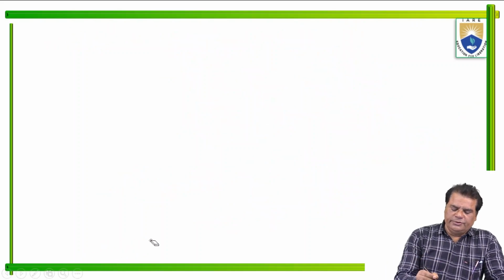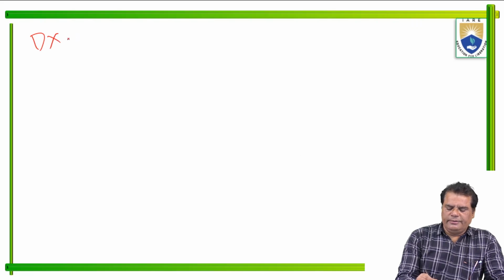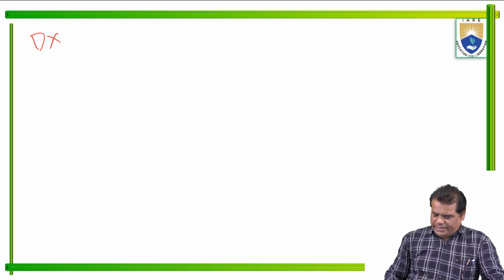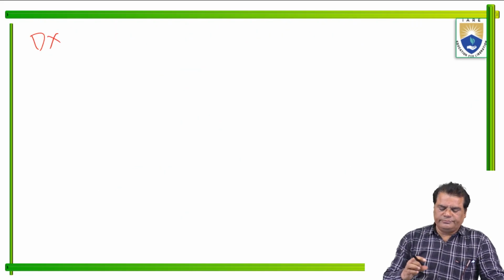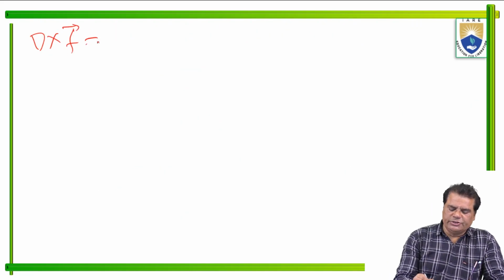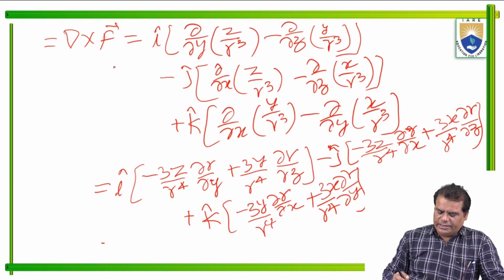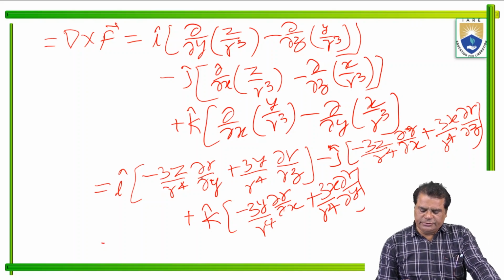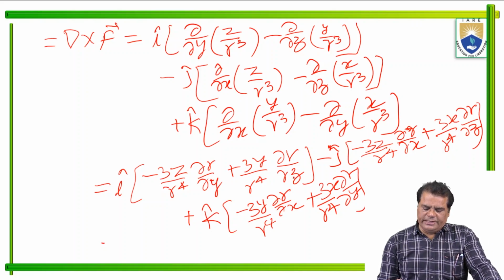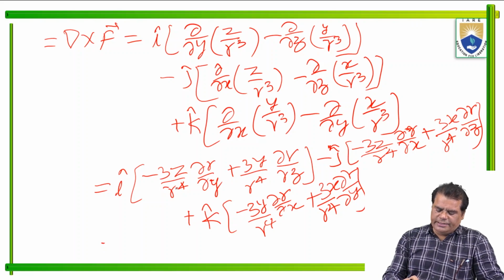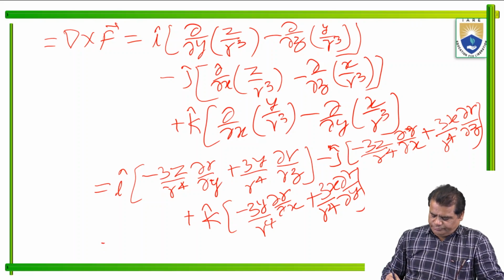Next result, this is irrotational. Vector r, del cross vector, what is it? Del cross F vector, this equals, so here i cap and in bracket upon r to the power 4. Now what is common here? Common is ∂r/∂y, ∂r/∂z. So minus 3z, this is y upon r.